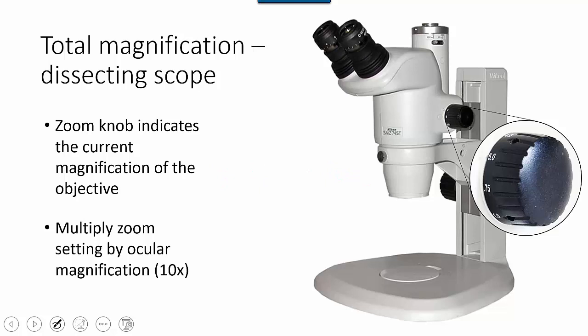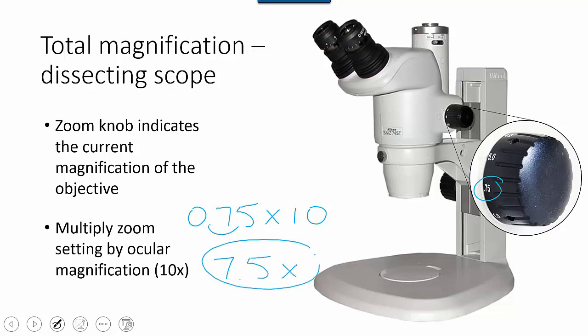What if the zoom knob were turned to its lowest setting, 0.75? Then we would need to multiply 0.75 by 10 to determine total magnification. Remember, when multiplying decimals by 10, we just move the decimal one place to the right. This means the total magnification on this setting is 7.5x.